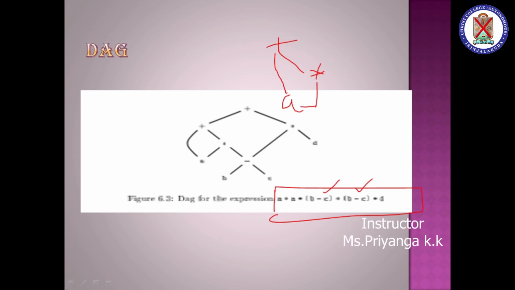Also we can have one more thing in the DAG. A has two parents, isn't it? Plus is a parent, star is also a parent. Why do two parents come? Because a graph can have multiple paths into a node. If so, that leaf or that node can have more than one parent. That is the property of the graph.